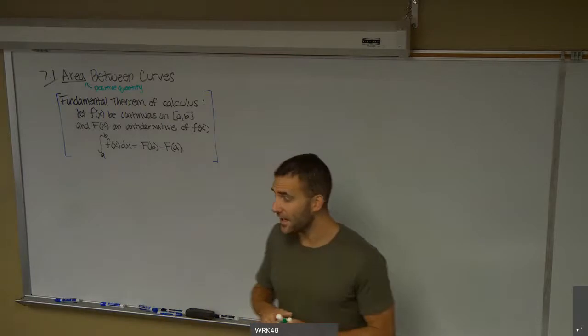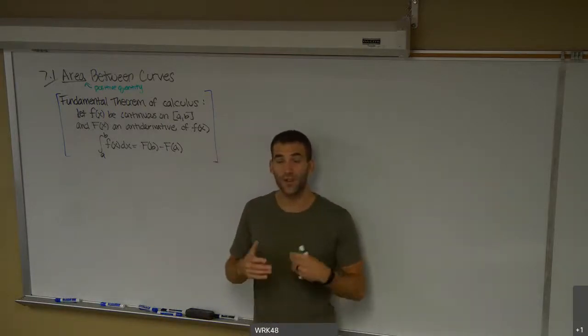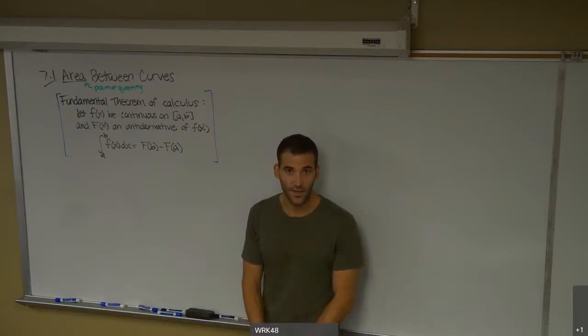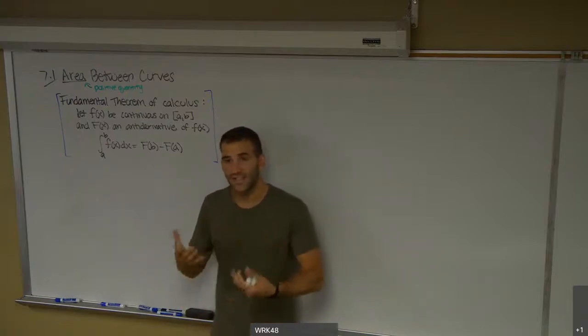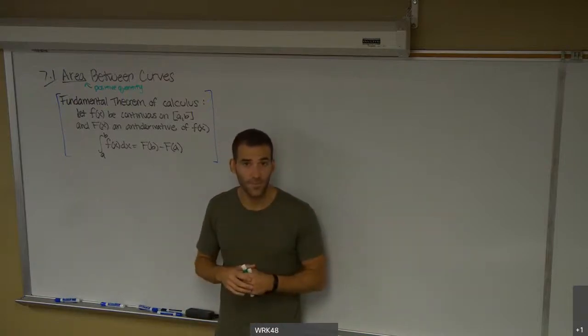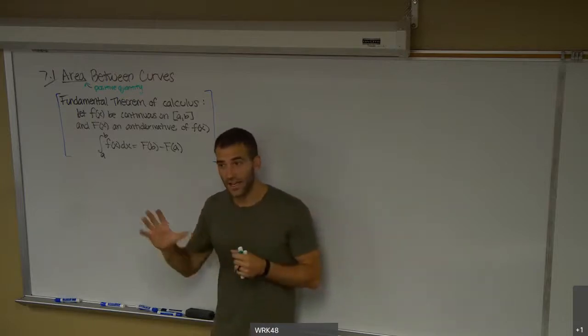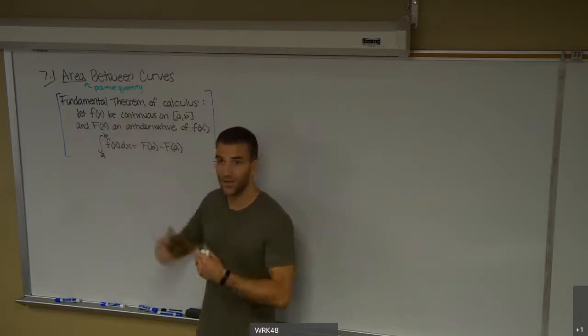The thing you know about the definite integral, at least hopefully you do at this point, is that definite integrals don't always measure area. They don't always necessarily give you the area under a curve. Remember, if you're drawing rectangles below the x-axis, that's negative, quote-unquote, area. If they're above the x-axis, that's positive area. If your curve stays above the x-axis the whole time, then yes, you can say it's area.